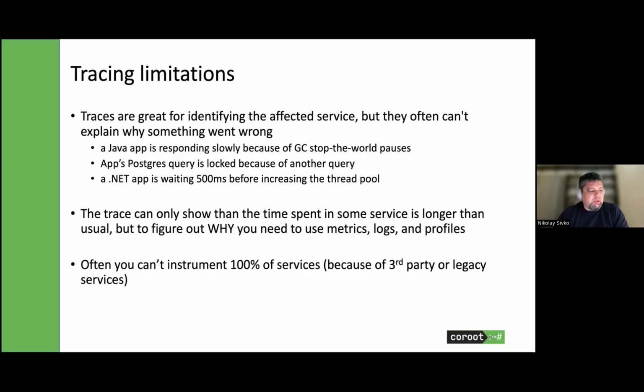If we execute some requests on Postgres, they can be blocked by other queries. The traces don't give us such answers, and we need to go deeper and understand what's happening with any particular service.